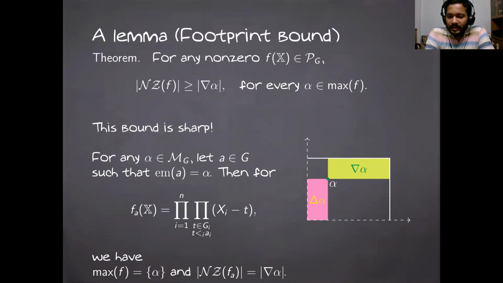But what we also see is that the monomials that appear in this polynomial are exactly the ones that are in the shadow of alpha. And therefore, the maximal monomial of this polynomial f sub alpha is just alpha, nothing else. And therefore, for this maximal monomial, the size of the non-zero set gives you an equality in the bound. So this bound is sharp.